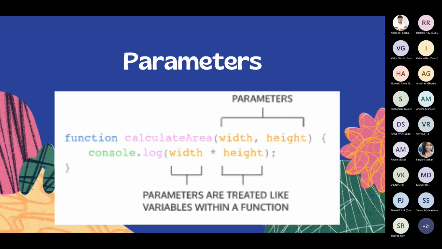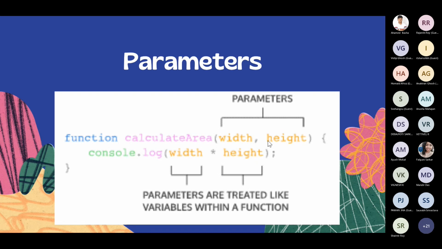Now when we are talking about parameters and arguments, you must be so confused about what she's saying. So to understand it nicely, here it is. Suppose it's a function with parameters width and height. You can see in the diagram above, calculate area computes the area of the rectangle based on two inputs, width and height.